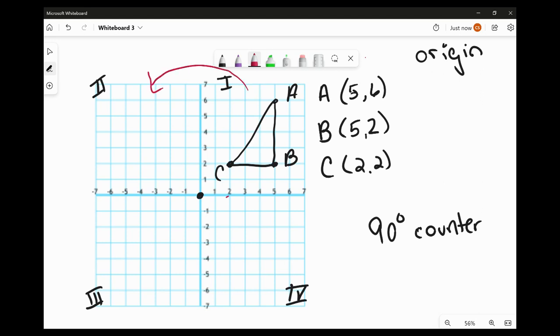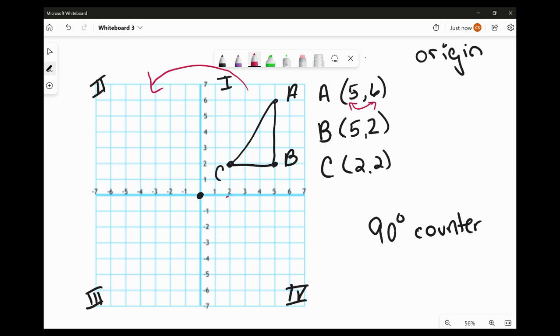So 90 degrees will go 1 quadrant, 180 would go 2 quadrants, and 270 would go 3 quadrants. When you go 90 degrees, 1 quadrant, you're going to end up in quadrant 2. And the important thing to know is that you have to switch the X and the Y. So it's going to become some version of 6, 5.